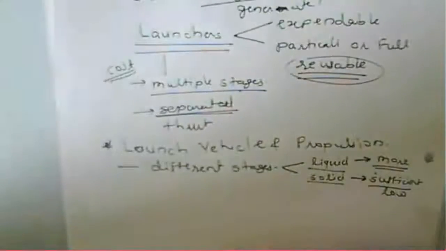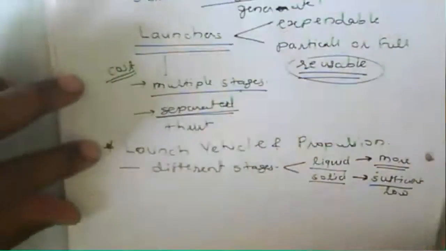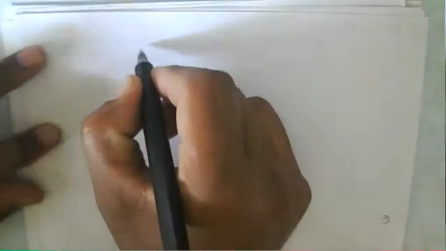So for a particular example, if we consider a launch vehicle, we'll draw a block diagram and then get knowledge about that satellite. Now consider a multi-stage launcher.